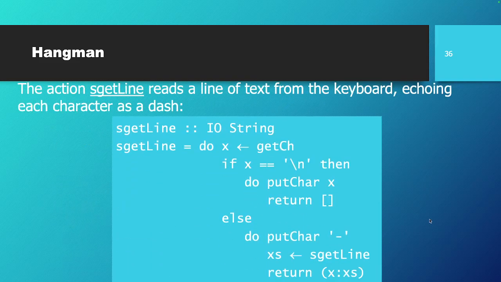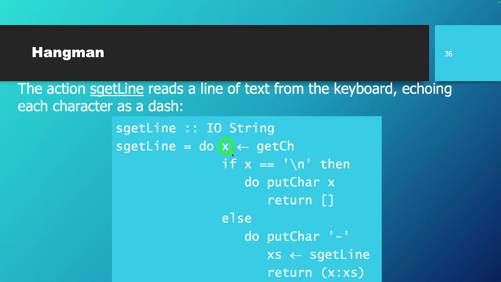So this getLine reads a line of text echoing each character as a dash. Okay, so it needs to do two things. It needs to send back the string that it's made up of.